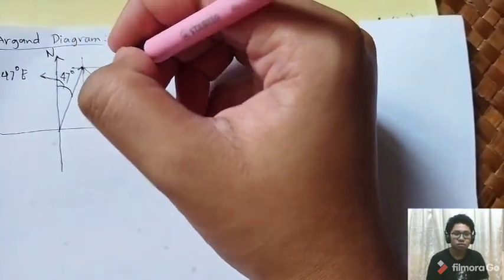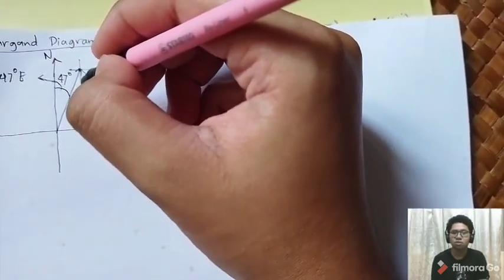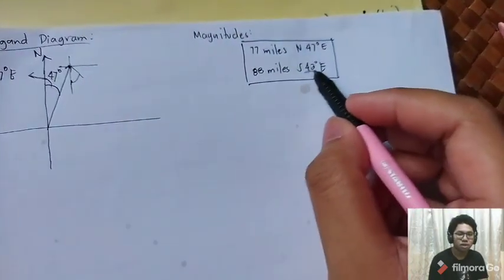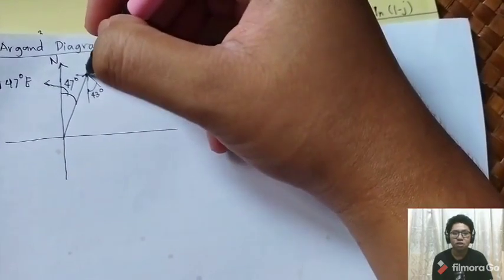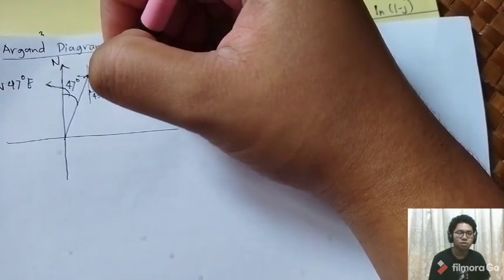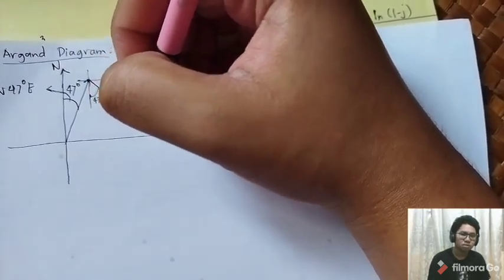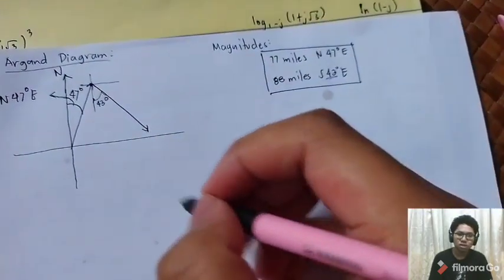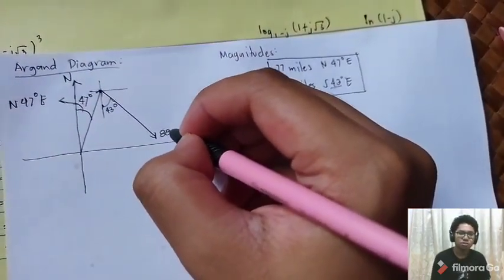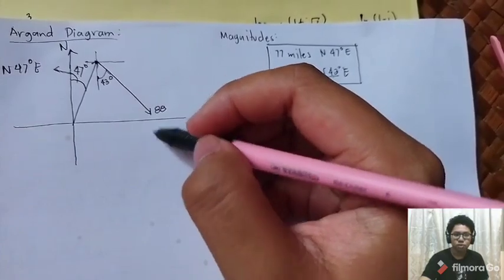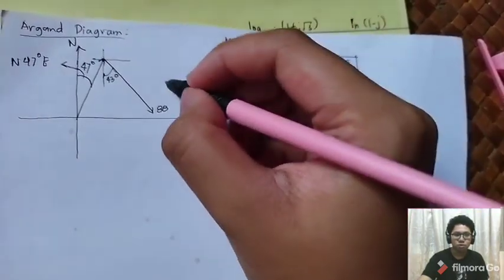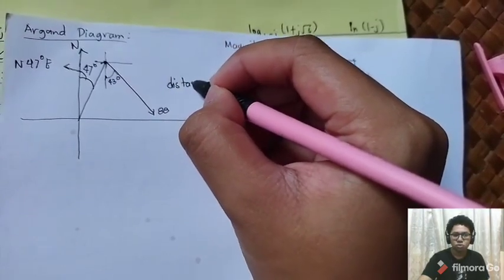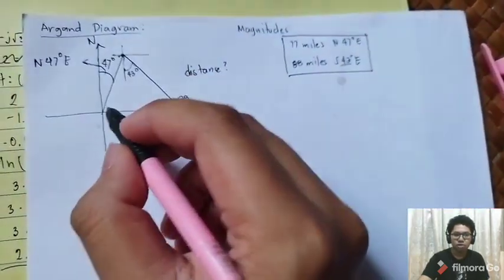south 43 degrees east. First we will label the south, and from the south we will make a 43 degree angle to the east. So that is 88 miles. And we need to calculate the distance from the port to the last location of the ship.